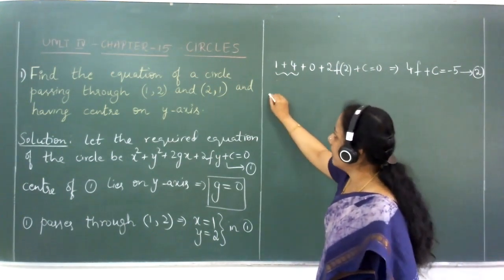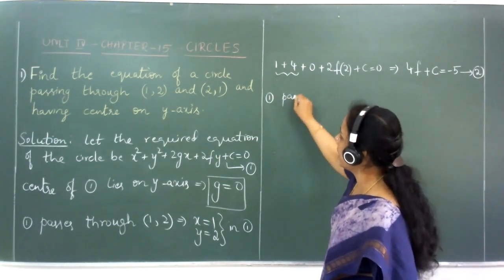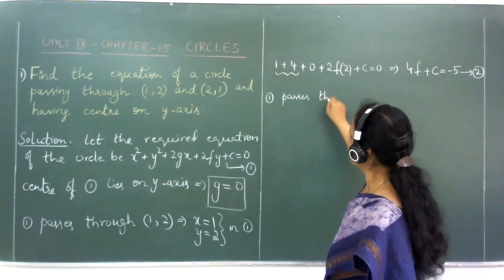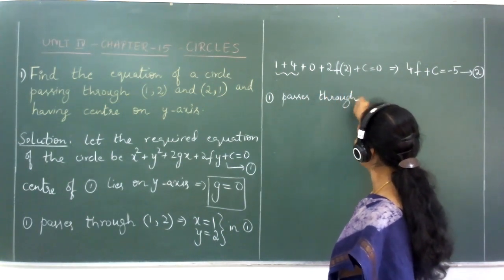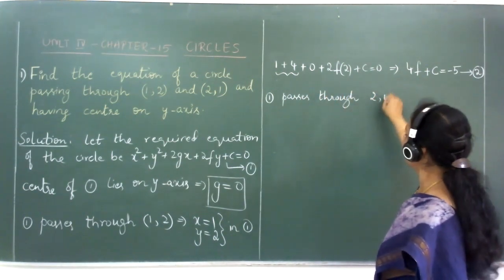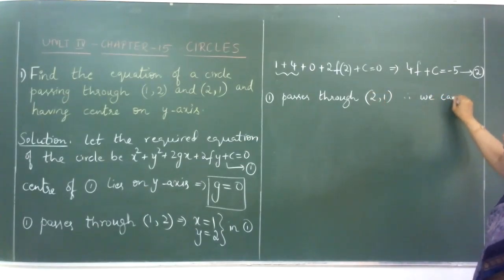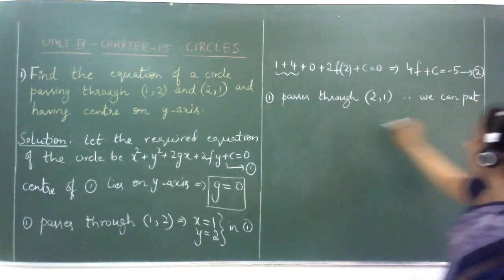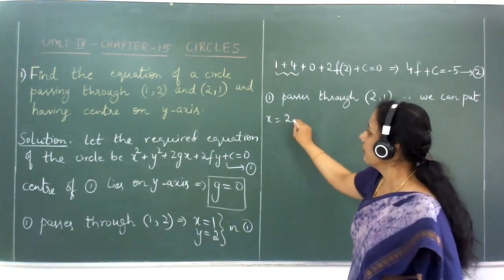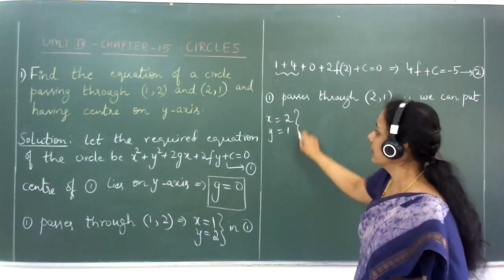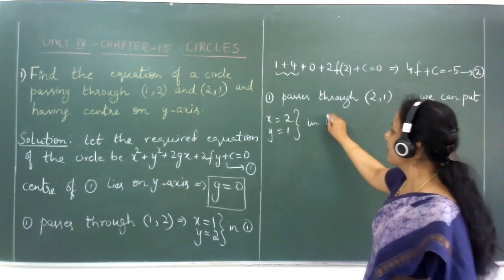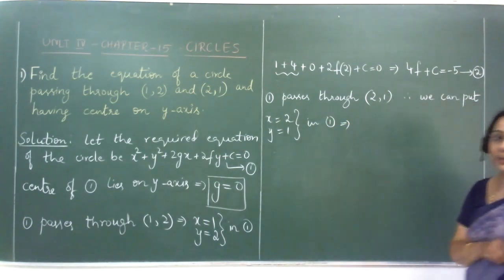Again, circle 1 is passing through another point whose coordinates are given to be (2, 1). Therefore, we can put the value x is equal to 2, y is equal to 1, again in equation 1. So what do we get then?